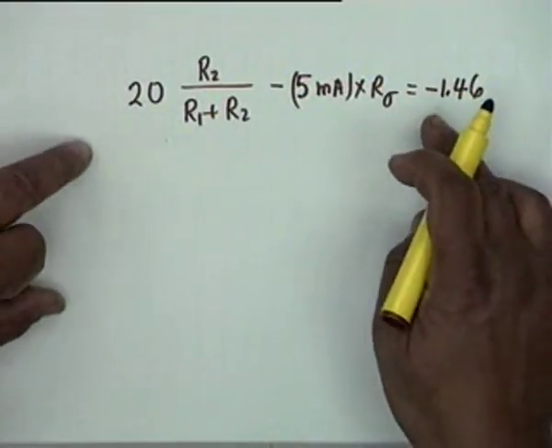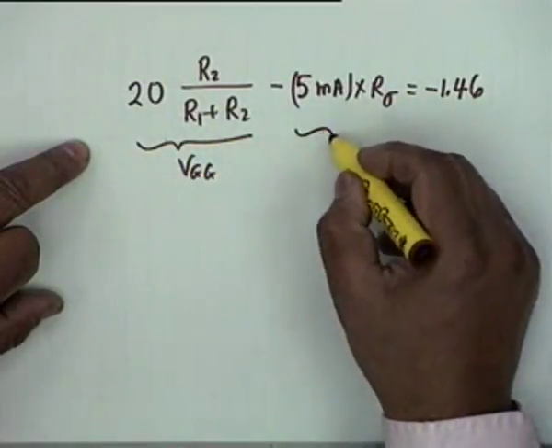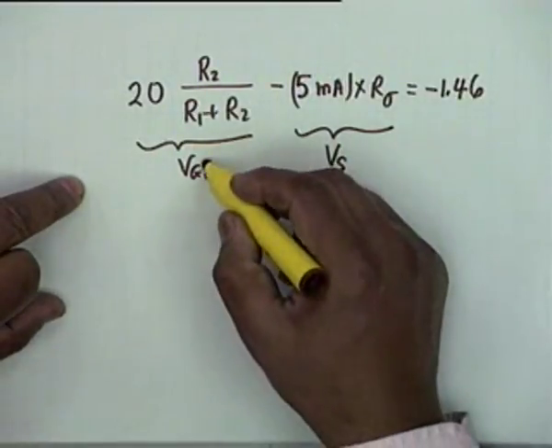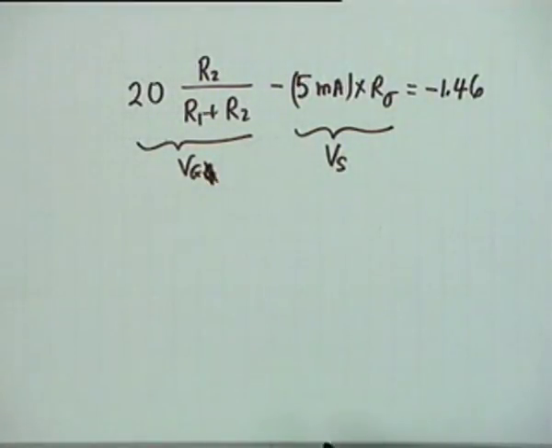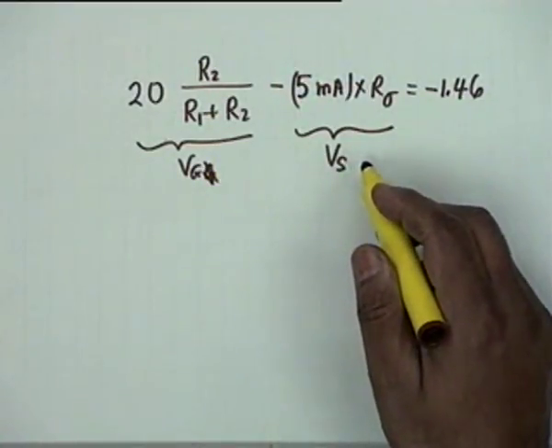All right, this is VGS, this is VGG, and this is VS. I'm sorry, this is VG and this is VS. All right, because the gate does not take any current. Is this equation clear? Yes, sir.